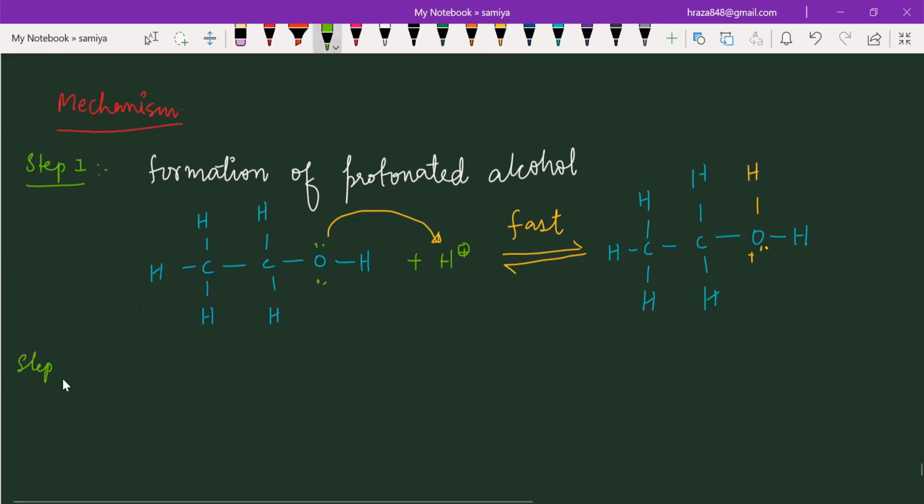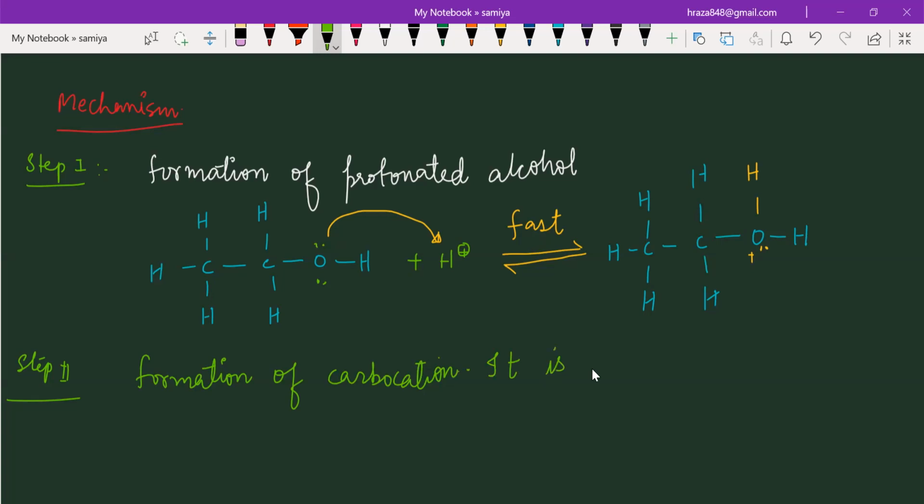Now you can see step two. Step two is basically slow, and here formation of carbocation took place. It is the slowest step, that means the rate determining step.